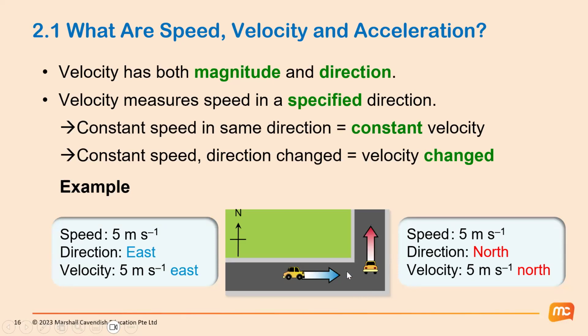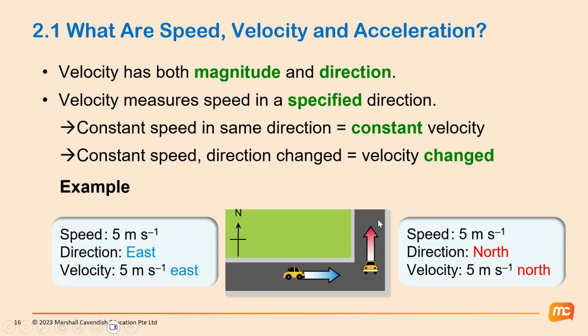So it goes by the blue arrow and then the red arrow. For both of them, the speed is 5 meters per second. We say that this car has a constant speed throughout its entire motion. Moving at 5 meters per second means every second this car travels 5 meters, along the east, and then after that along the north.